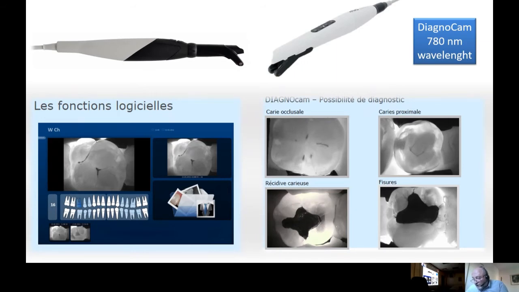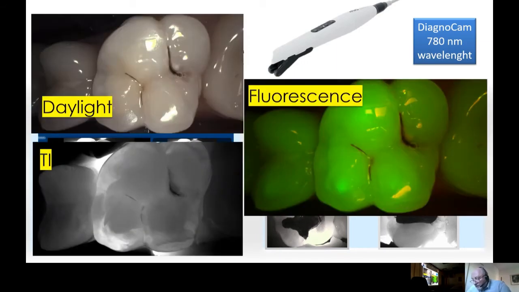And the new generation, which will be launched by the end of the year, combine infrared transillumination and also the fluorescent signal. All these photonic signal will be mixed in the same tool. We will have the opportunity to test it in a few days.